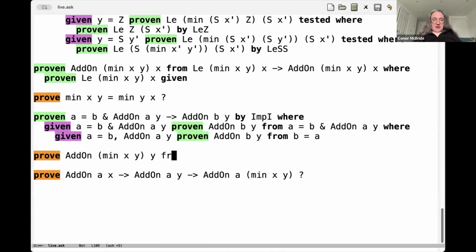And now I'm going to say from min yx equals min xy, and add on. Actually, maybe the thing I should do is to change variables just to make it absolutely clear what's going on. I'm going to exchange the roles of x and y here.